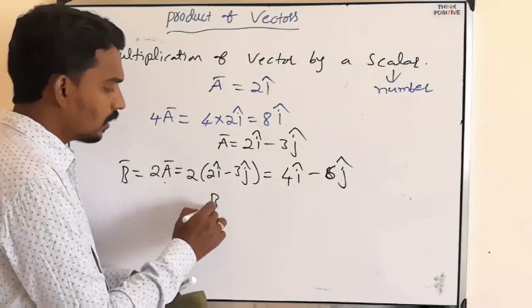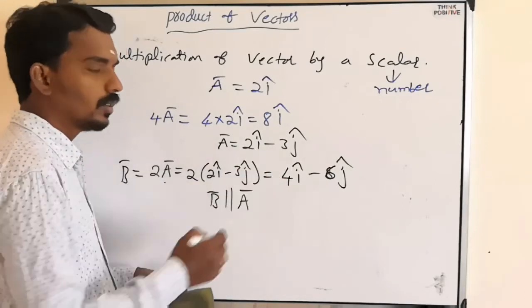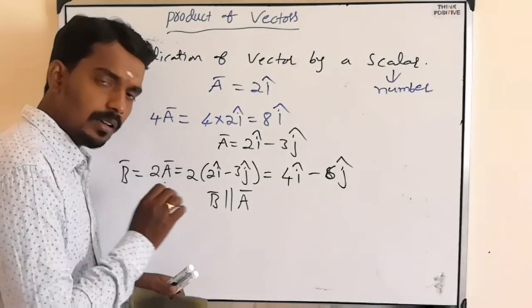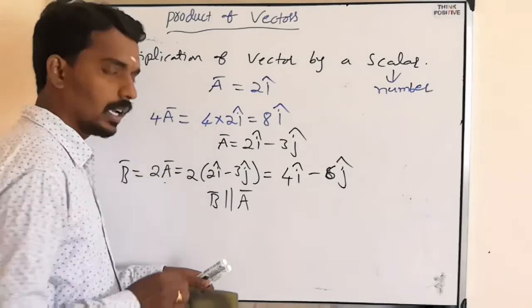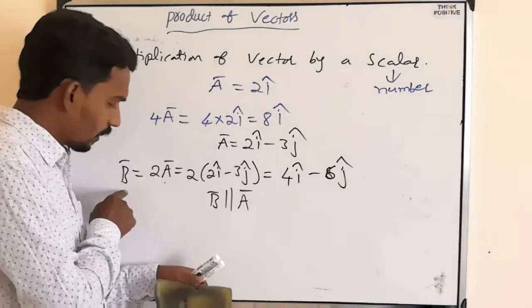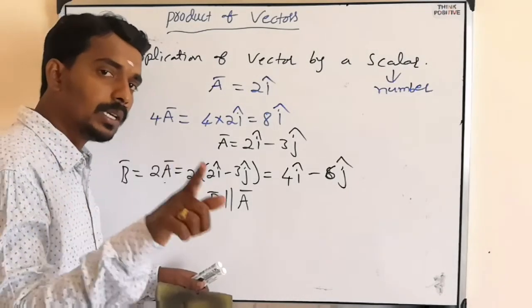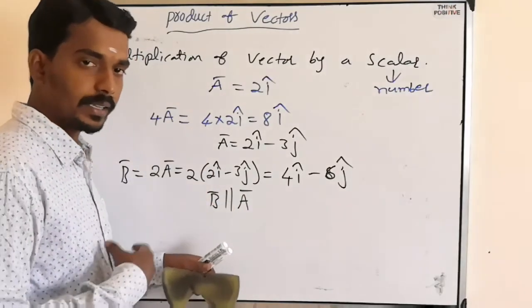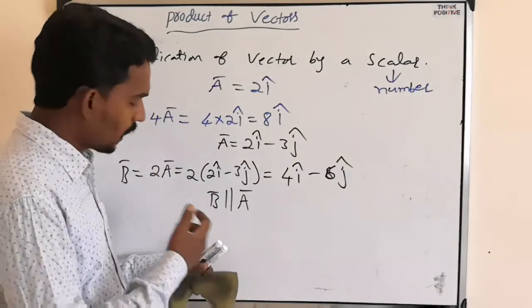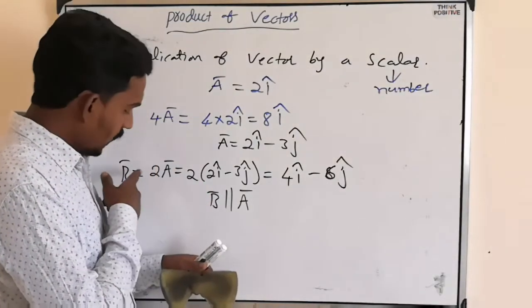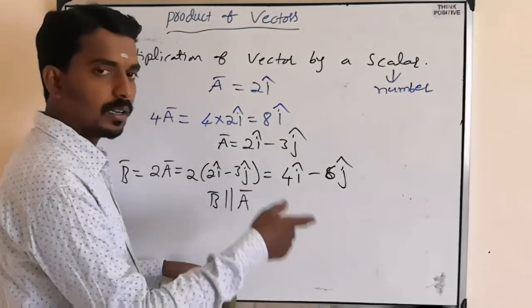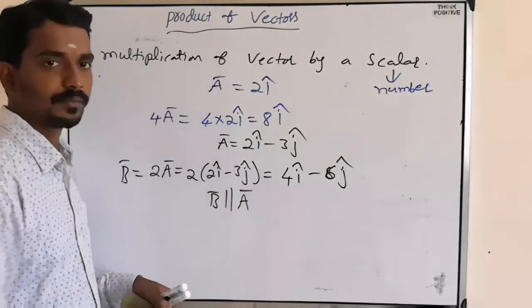But B bar must be parallel to A bar. If you multiply a vector with a number or scalar, you will get another vector which must be parallel to the initial vector. For example, if I multiply A bar with 2, then I get another vector B bar, but B bar must be parallel to A bar.